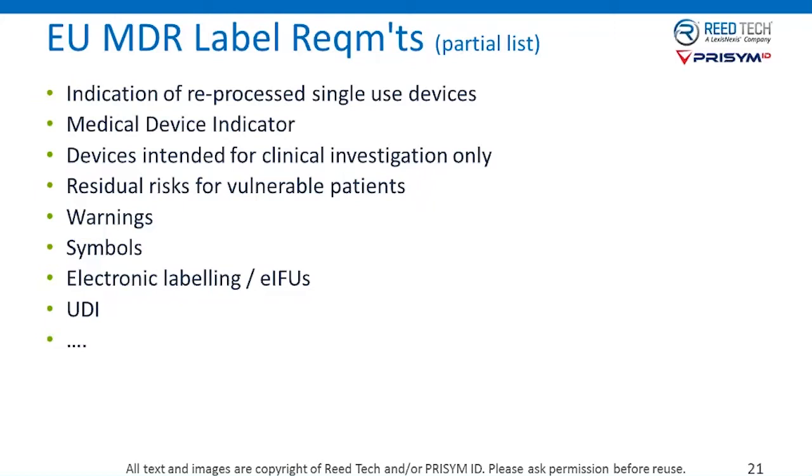Basically each device is going to need to be accompanied by the information needed to identify the device, so that's no surprise. But the amount of information required and the places where it needs to be, there are a lot of complex requirements here. And of course, the other thing with the EU is often the requirement for multiple languages as well.